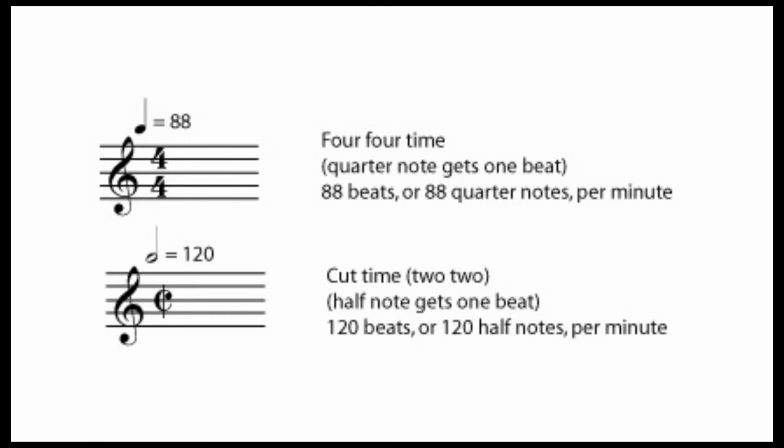For instance, a tempo of 60 BPM means that a beat sounds exactly once per second. A 120 BPM tempo is twice as fast, with 2 beats per second.